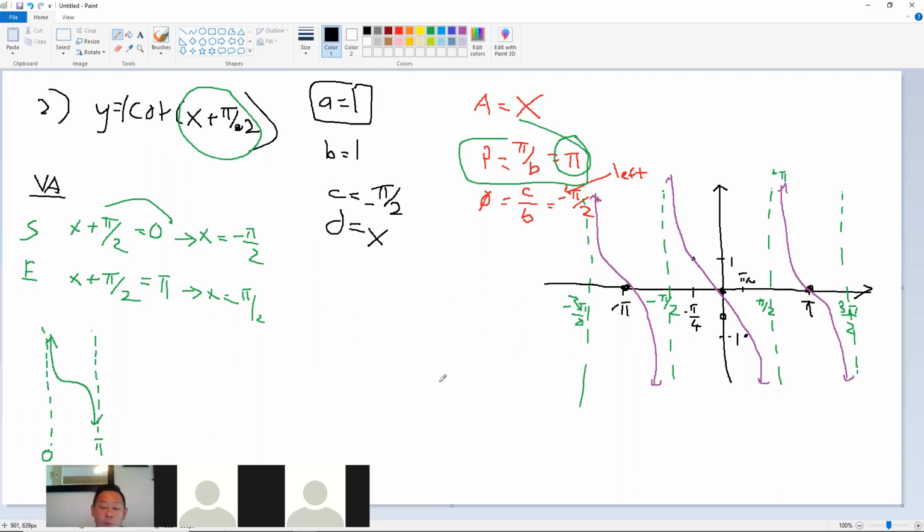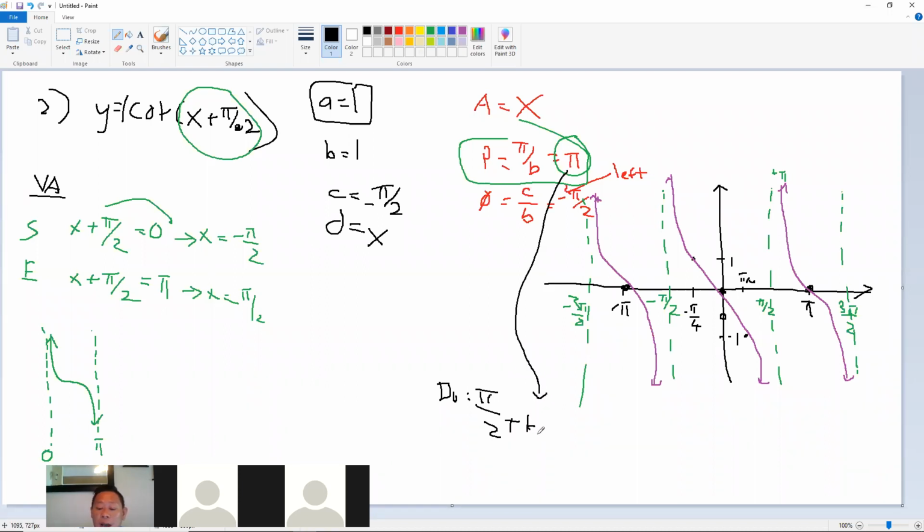How do you figure out your domain here? In order for us to figure out the domain, you always take the one that is closest to the y-axis, so pi over 2, plus your period. Since your period is pi, you just put k pi in this case.